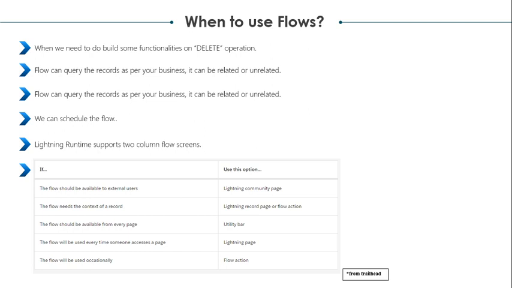And the last one is that if the flow will be used occasionally, you can define the flow action. So for those scenarios, we can use the flows. Remember, if the business logic is too complex, rather than using flow, I would recommend using Apex.